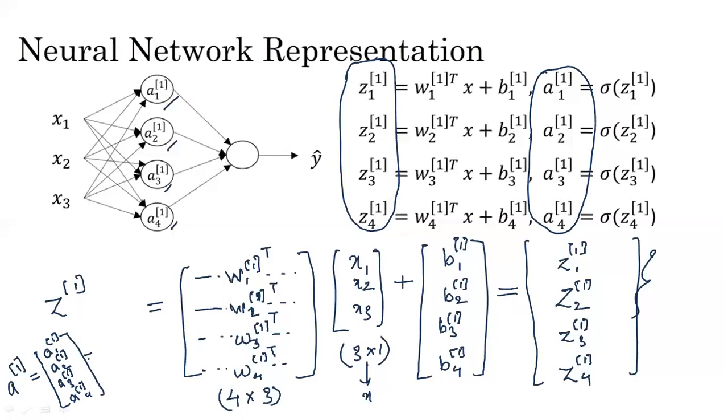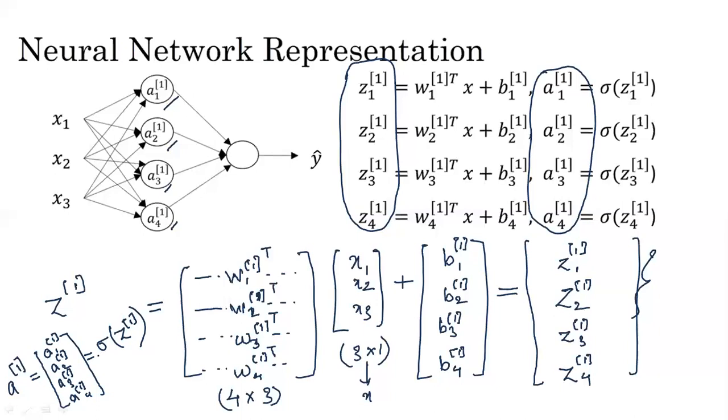And this would ultimately be equal to sigmoid of Z1. I hope this much is understood and there was no problem, because I've tried to explain this concept as simply as possible.